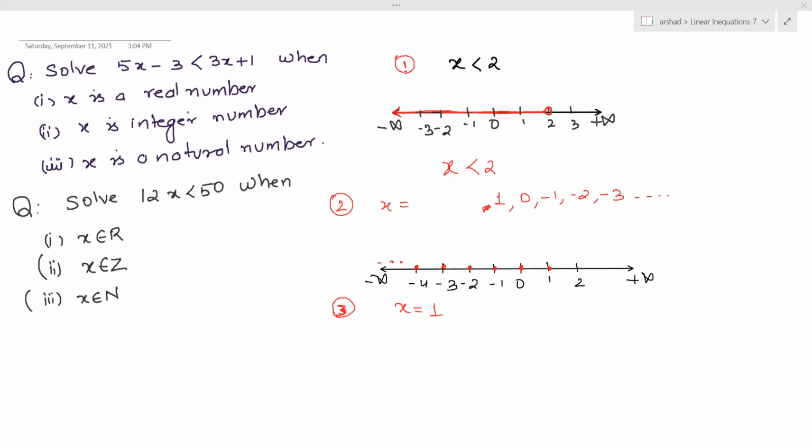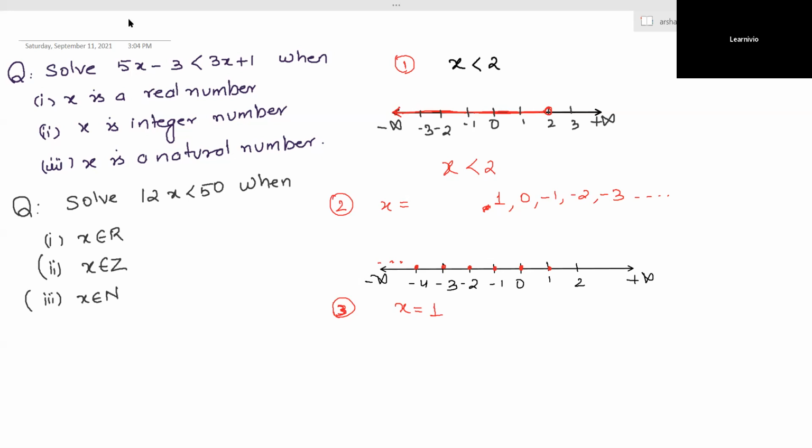This is correct. Now, please plot this on the number line. So I completed the first part. Okay, very good.